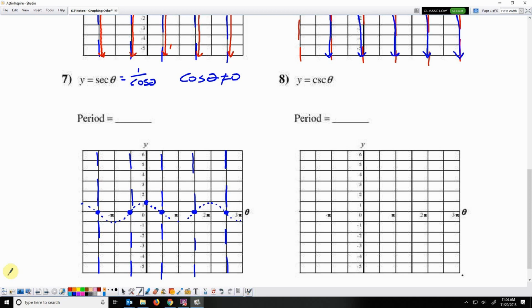A difference between secant and cosecant compared to tangent and cotangent: what we had before looked more like cubic functions.